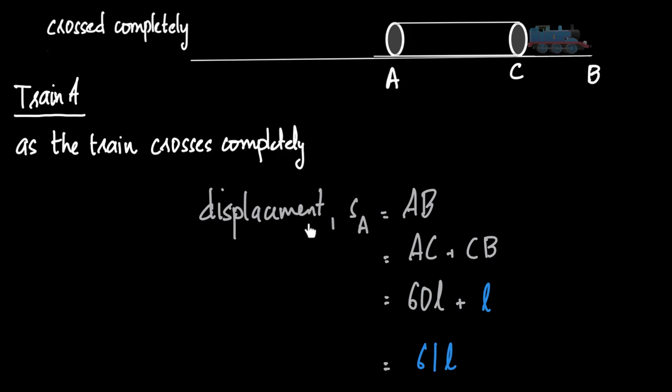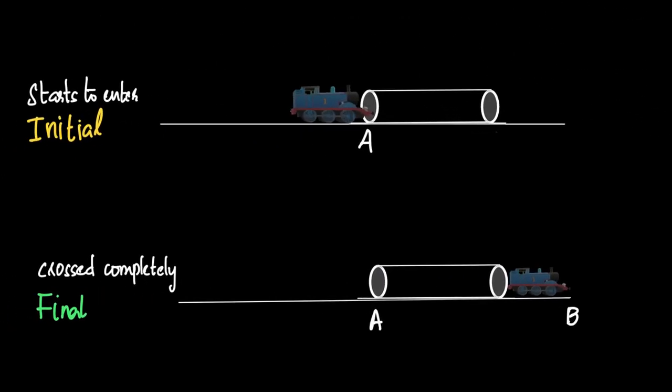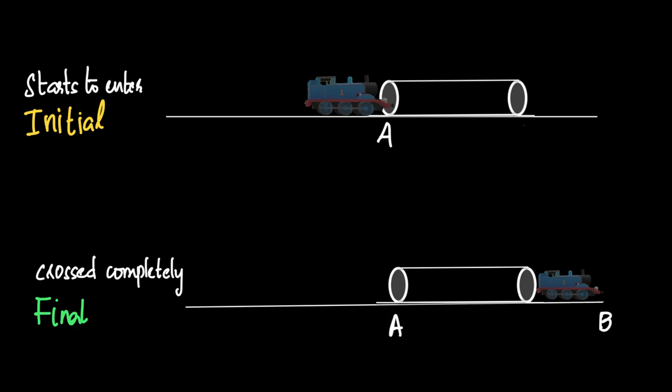the displacement of this train is given by displacement of A, which is AB. How? Let's see. Displacement is basically the final position minus the initial position, right? So this here marks the initial position and this over here marks the final position.